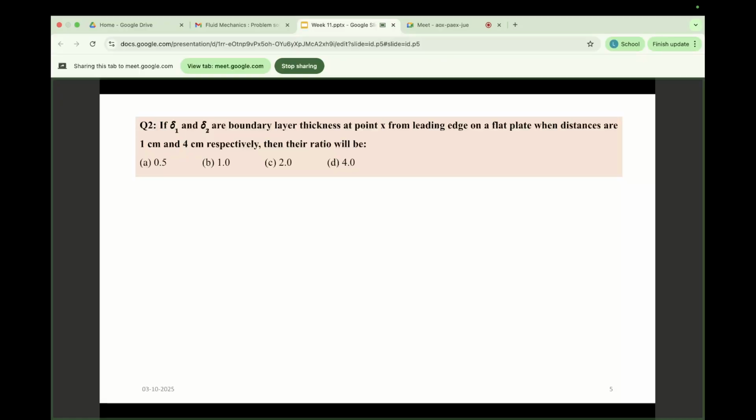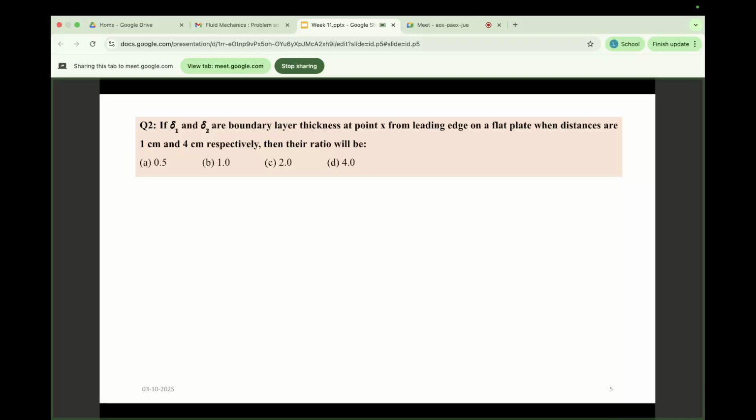So it's a numerical question. Here the condition is given for boundary layer thickness, and also the distance is given.